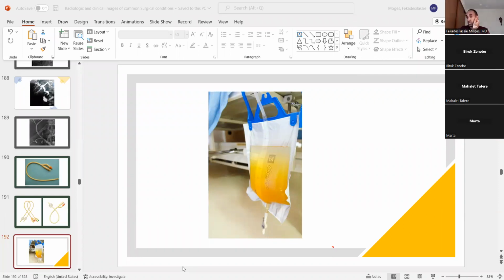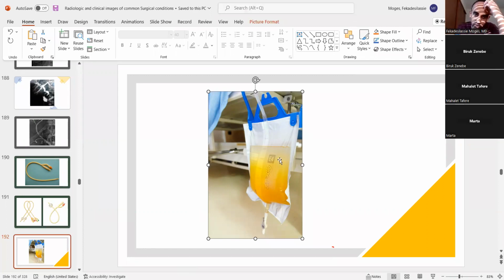And also, simply you see where this is connected, right? If it is connected to a urethral catheter, definitely this is urine. If it is connected to a drainage tube in the abdominal cavity, maybe that's ascitic fluid or something else. So always look at where this bag is connected because we are in a country with resource limitation, so a urine bag may be used for multiple purposes.